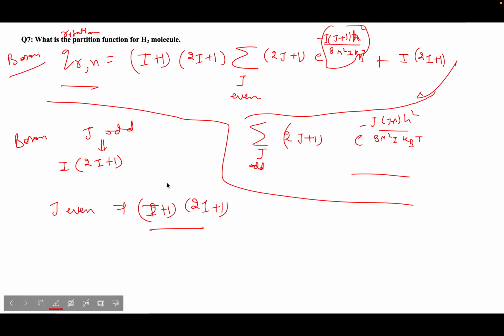This is simple. For even we are using I plus 1 into 2I plus 1, and for odd we are using I into 2I plus 1.